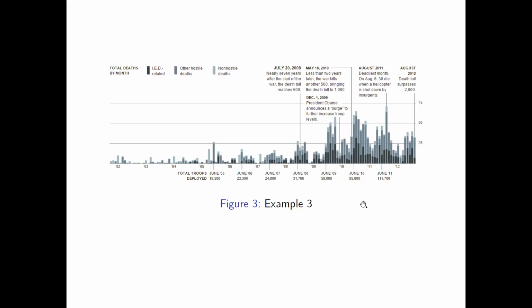You can see the data is collected from 2008 to 2012, and it's divided into three categories using three kinds of blues. So in this single plot, horizontally, you can compare how the death rates vary with the change of time and also with the increment of total troops deployed. And vertically, you can compare the deaths from the three categories.